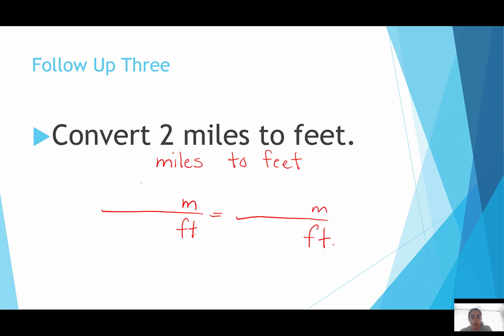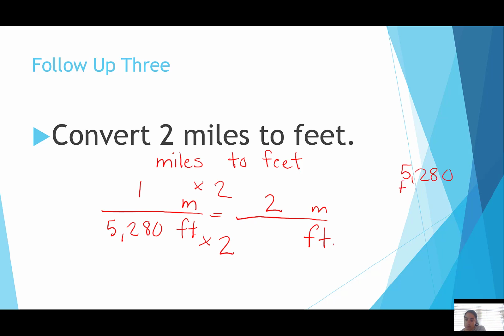Know that 1 mile is 5,280 feet. So I have 2 miles. To get from 1 to 2, I multiply by 2. Same thing here. Or I could just double it, add it twice, whatever you wish to do.